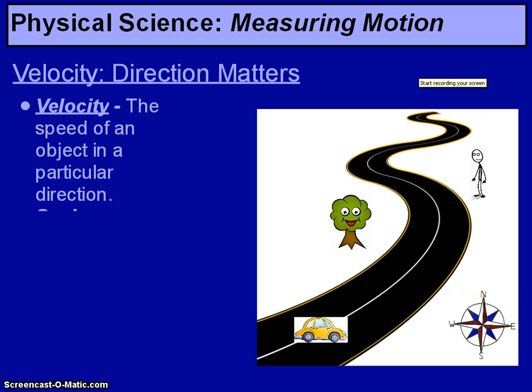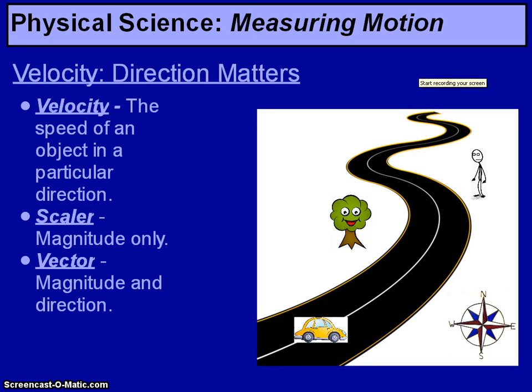Okay, so I want to talk about a couple of other things. Two values. The scalar quantity, which is magnitude only, that includes things such as your speed, mass, distance, whereas a vector is going to include magnitude and direction.